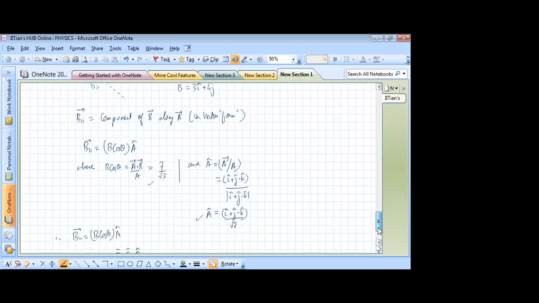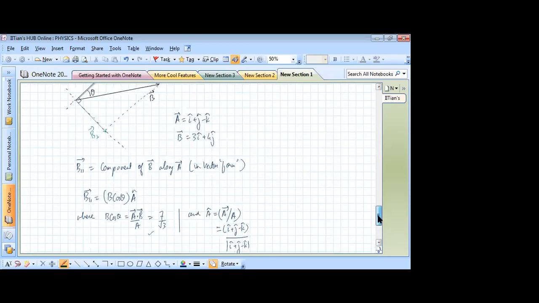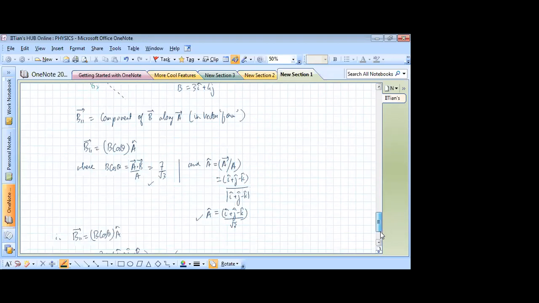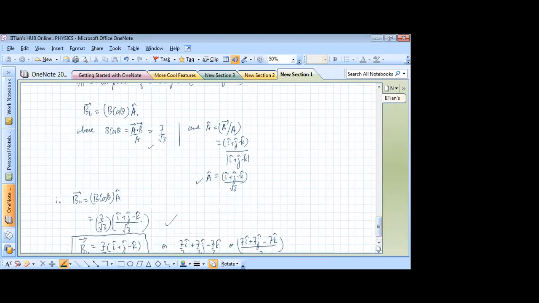So how we are achieving this? How are we finding B parallel? So in the diagram you can see that this vector, this B parallel component, its magnitude is B cos theta, but what is its direction? It is along A, so its direction is the unit vector A cap. So that's why we are expressing it like this, that the parallel component has a magnitude of B cos theta, but its direction is along A cap, so it is B cos theta into A cap.